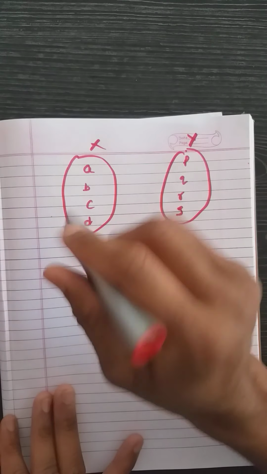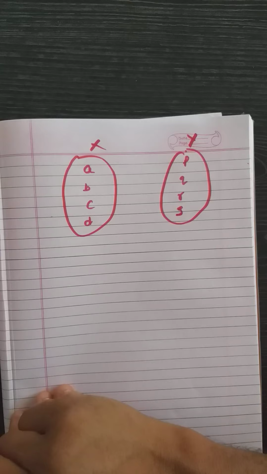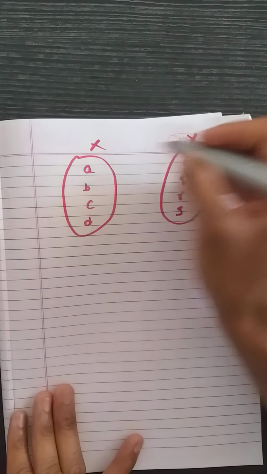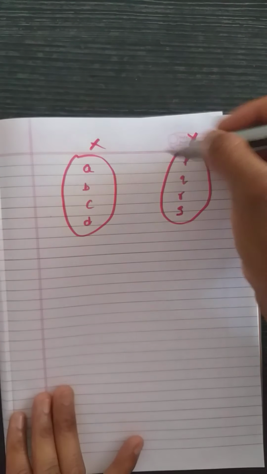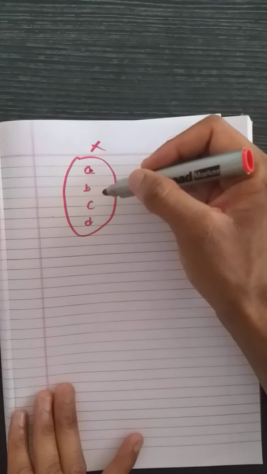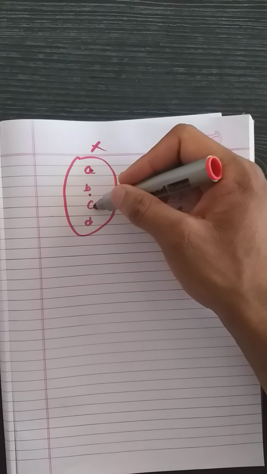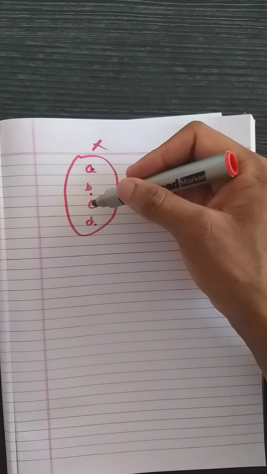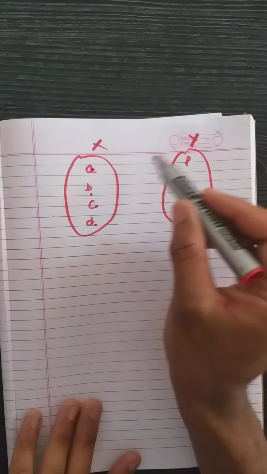By the definition, each element of Y must be the image of at least one element of X, which means each element of Y may be the image of one element of X, two, three, four, or even all elements of X.